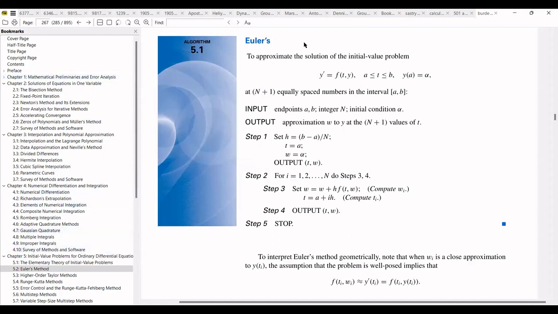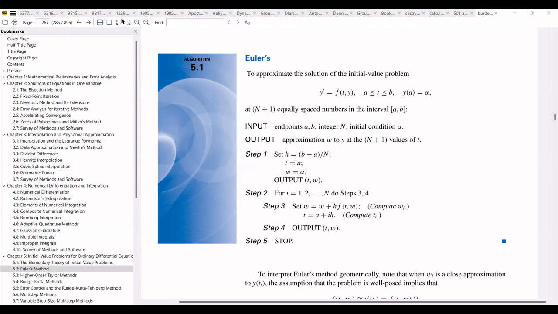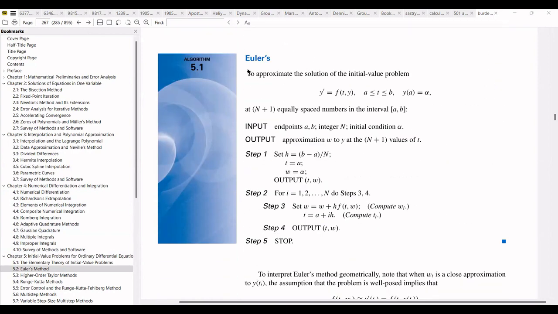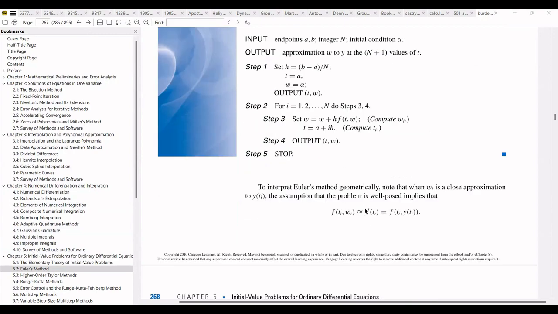I'm writing the name of the writer in a text message, sending to everyone, in case someone is not familiar with the book. In this book, I'm at page number, I think it's 267. Yes, 267. And here is the algorithm for Euler's method.